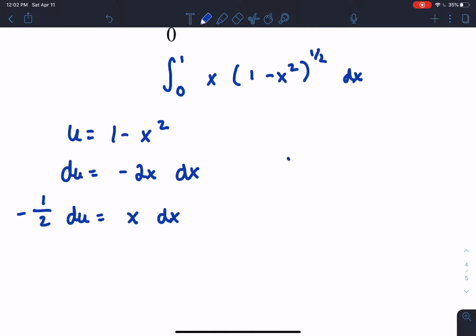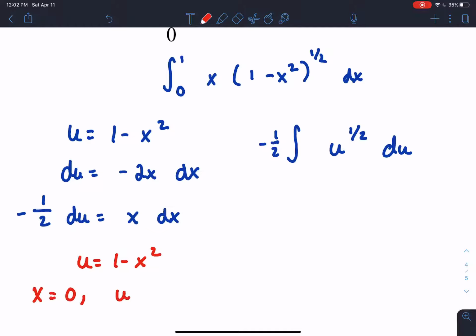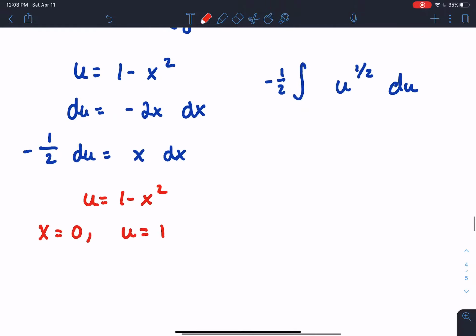Okay, so I have my integral, got my negative 1/2 out front, u to the 1/2 du. Okay, so now I just need to change my limits. So when x is 0, u is going to be 1 minus 0 squared, which is just 1. And then when x is 1, u is going to be 1 minus 1 squared, which is 0.